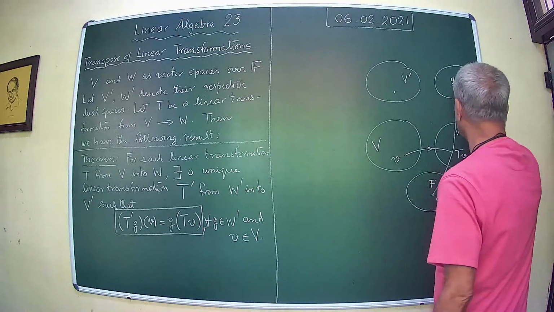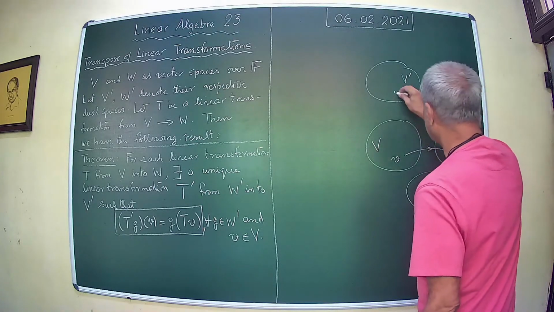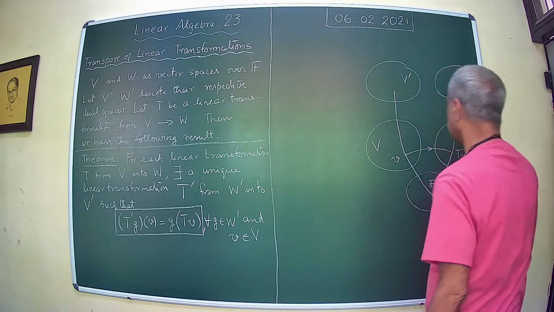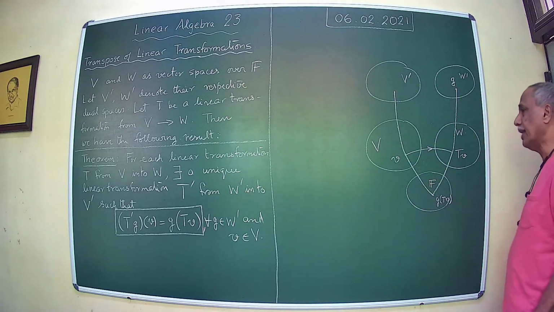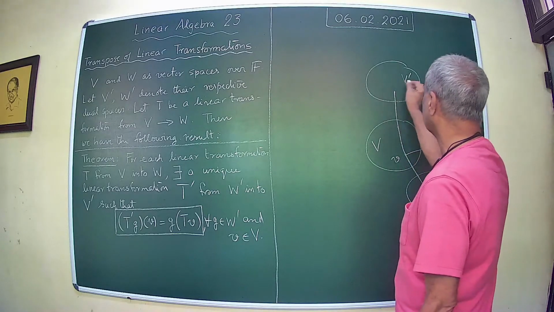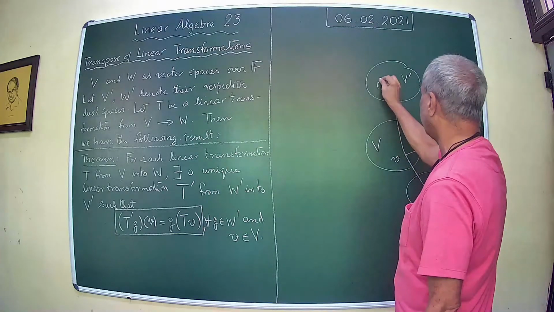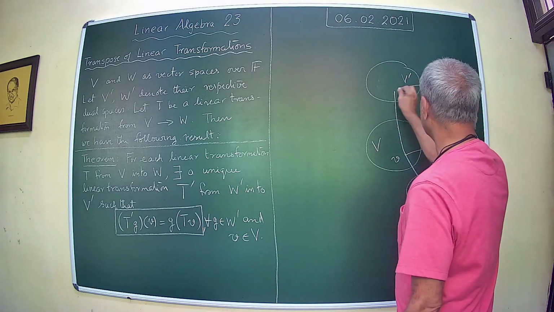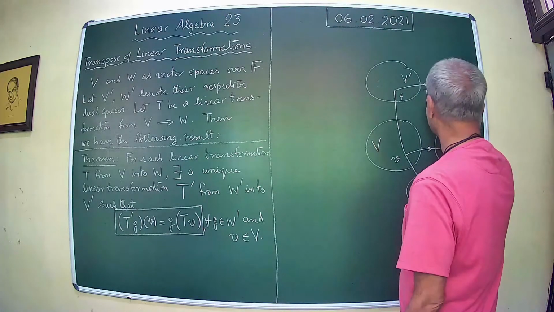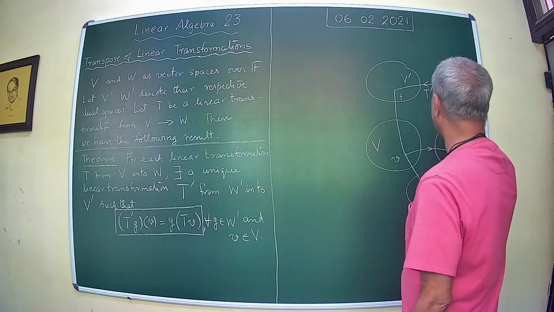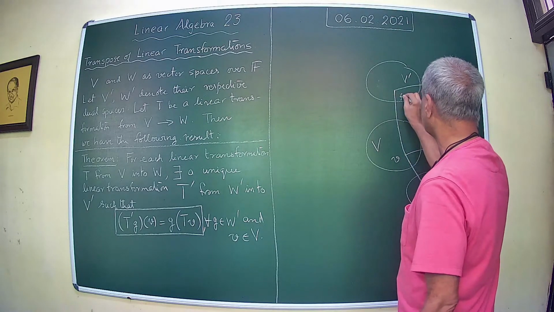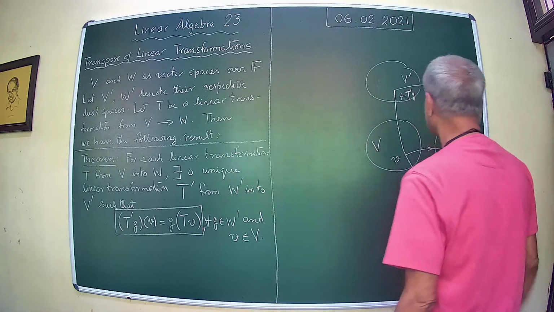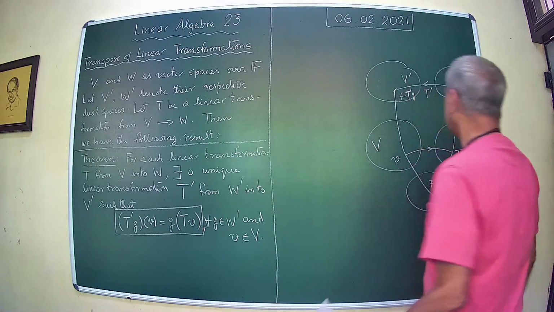Now you can describe this as f of V for some f, and that f turns out to be in V prime, and we define T prime by T prime of G equal to f. This is the definition of T prime, and f belongs to V prime.